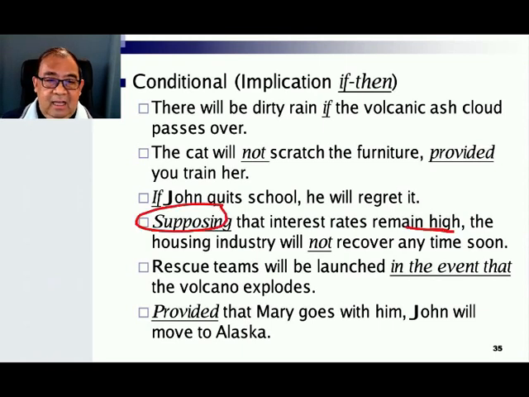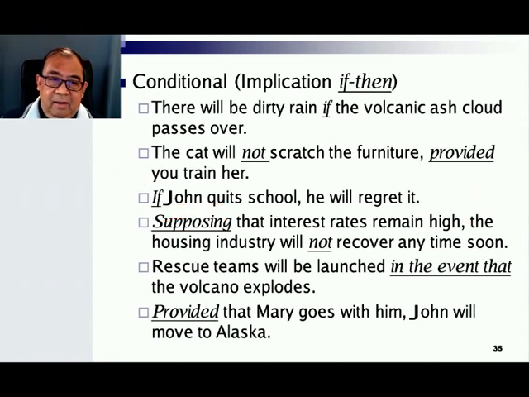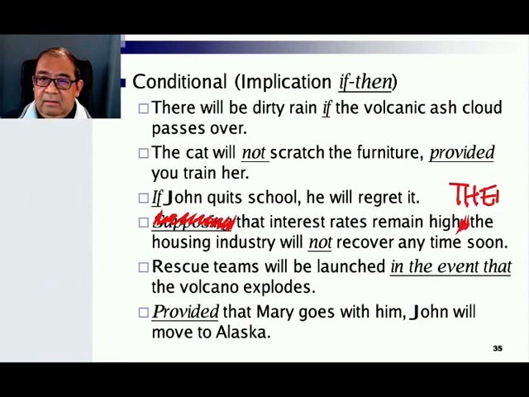Okay. So supposing that interest rates remain high, the housing industry will not recover any time soon. So actually this comma is then. Supposing is if. Now when you look at this sentence, I just cross out this word and this comma.